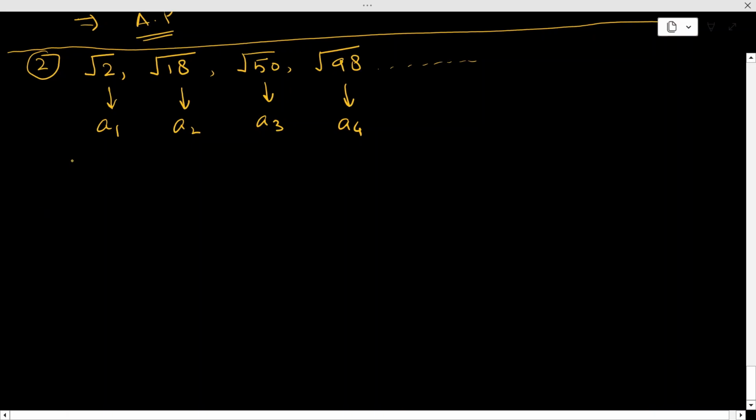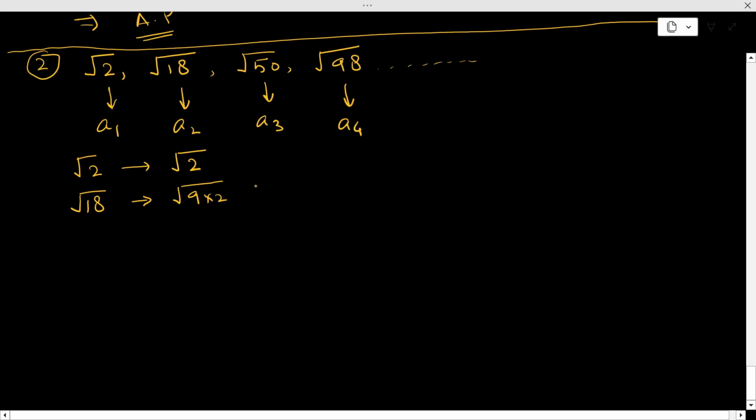Let us begin with root 2. This cannot be broken into a product of two numbers where one is a perfect square, so we will keep it as it is. Now if you consider 18, this can be written as 9 into 2.